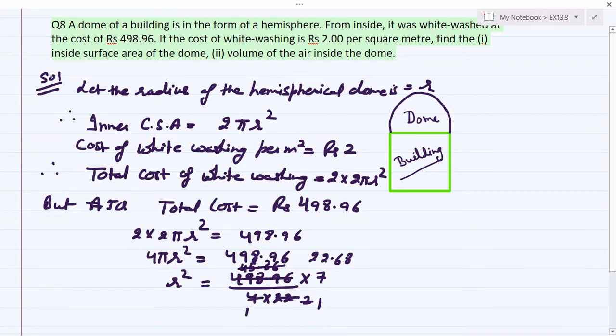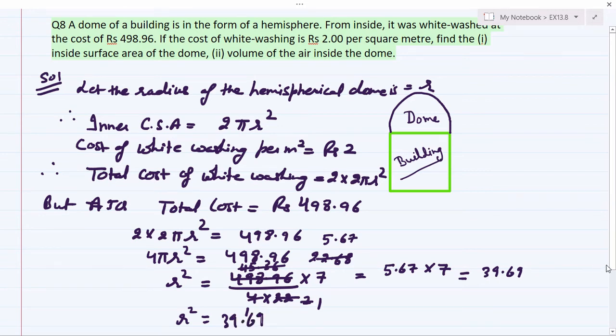Now I will cancel this number by 4. 4 1s are 4, 4 5s are 20, 4 6s are 24 and 4 7s are 28. Right? Now I am having 5.67 multiplied by 7. When you multiply this, you will get here 39.69.